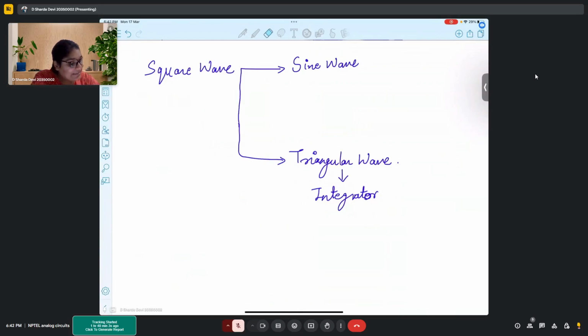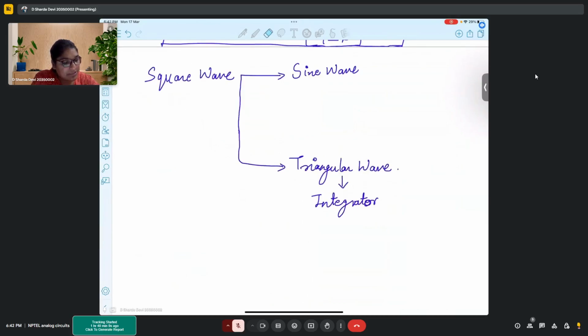Okay, somebody said if you want a triangular wave from a square wave, you would use a differentiator. How would differentiating a square wave give you a triangular wave? Ma'am, I said the other way around. Other way around means how?